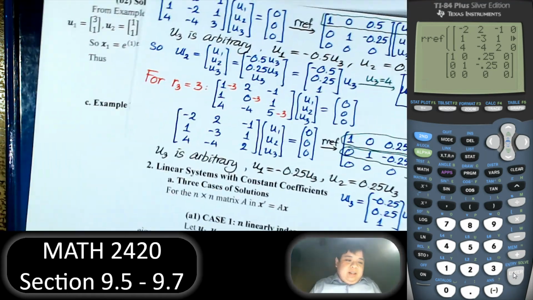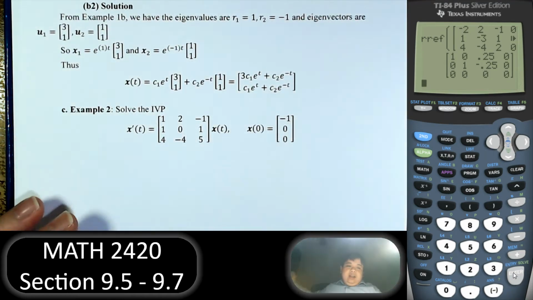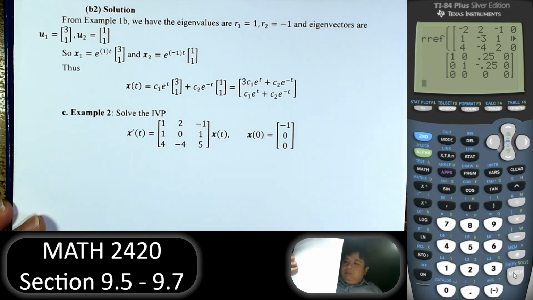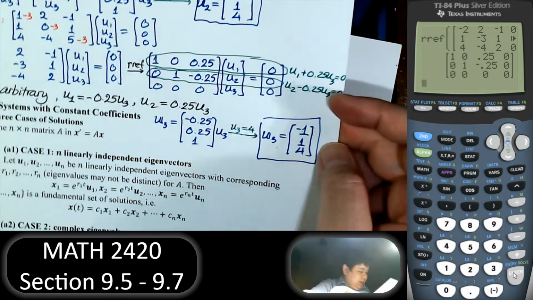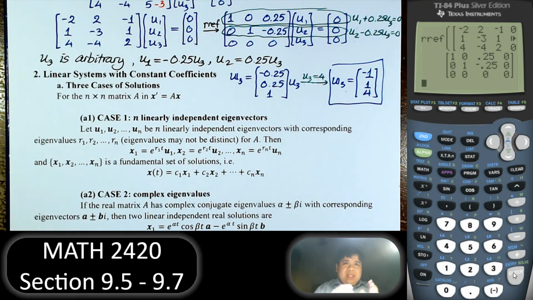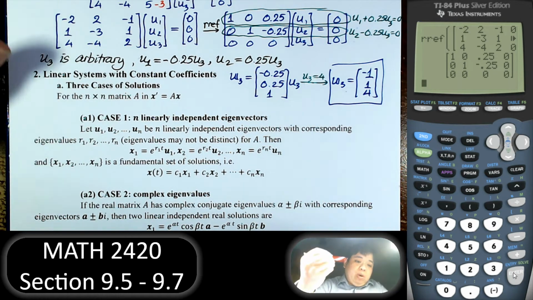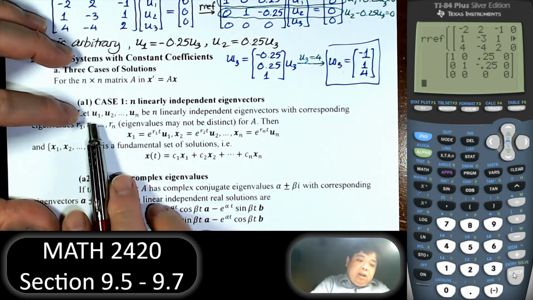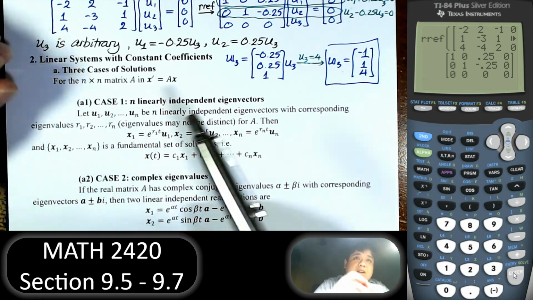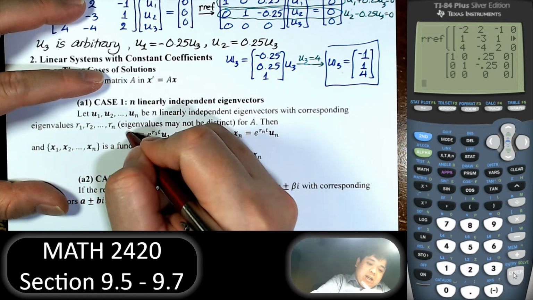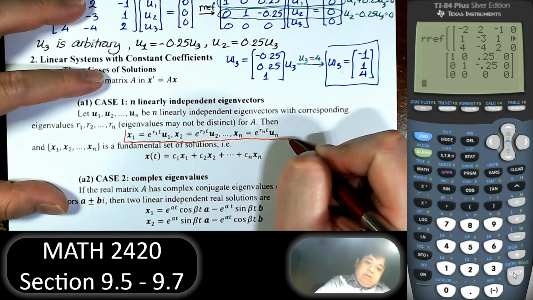Now, next. Oh, sorry. We see on that page. Now, in terms of the solution, after we have eigenvalues and eigenvectors, what do we do? Right. After we have eigenvalues and eigenvectors, this is what we're going to do. If all of the eigenvectors are linearly independent, then the solution will be the linear combination of these solutions.